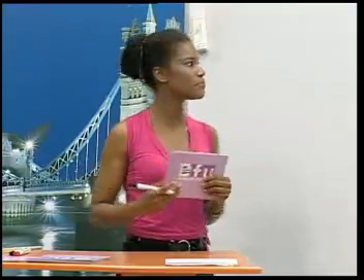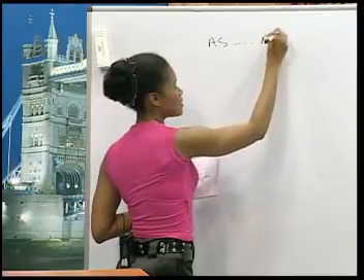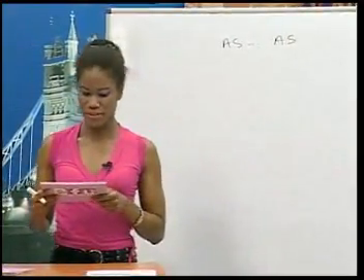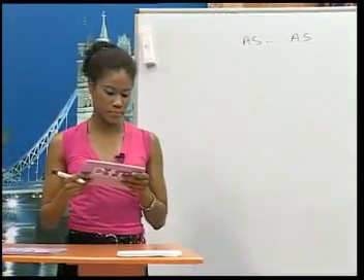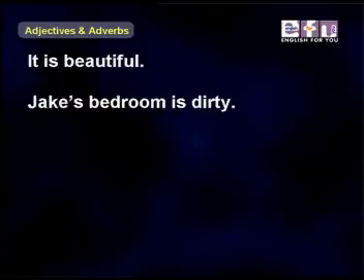Now, we are going to learn the comparative. But first, we need to review adjectives. Take a look at some sentences on your screen. It is beautiful. Next, Jake's bedroom is dirty.